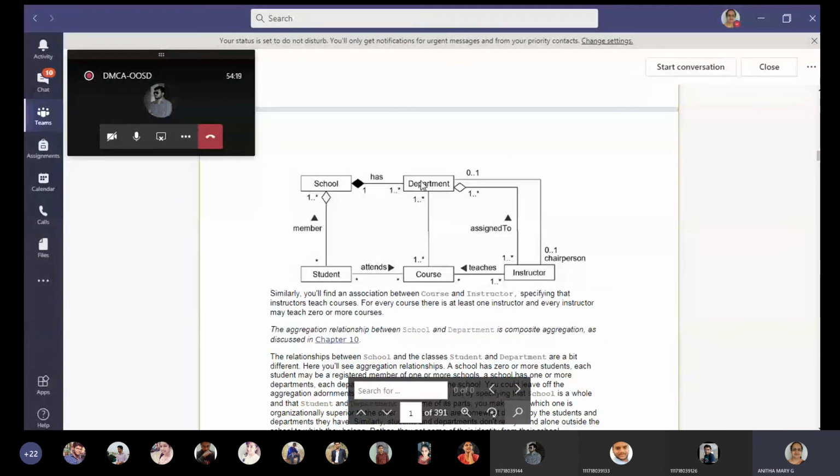The other part, if we take department and school. As a whole, the school exists and its parts are department and students. For student we gave the general aggregation, whereas for the department, if you see this solid diamond, it is called navigation.